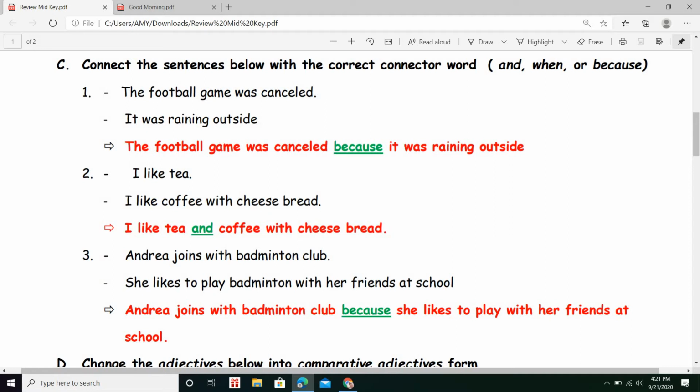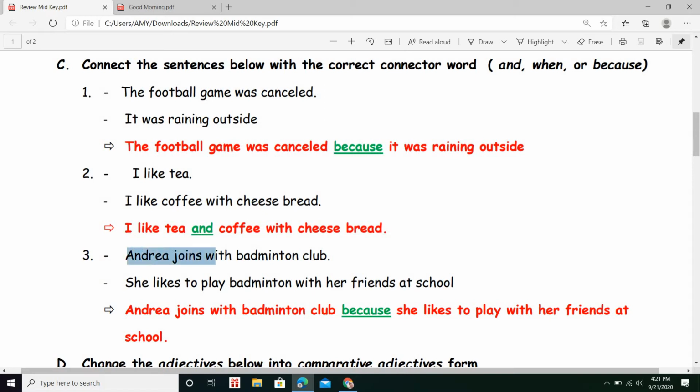Then number 3, the last number for part C. The 2 sentences that we need to connect are Andrea joined the badminton club. She likes to play badminton with her friends at school.